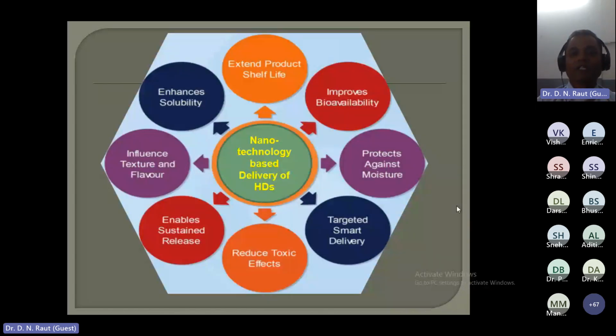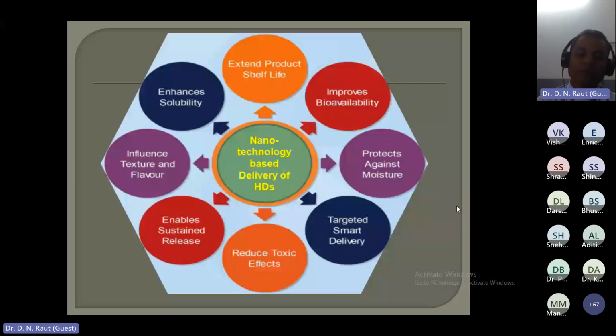It enables sustained release formulations and reduces toxic effects. It could enable targeted smart delivery of herbal drugs and protect the drug from moisture, ultimately improving the bioavailability, the concentration of the actual drug from the herbal drugs at the site of action.